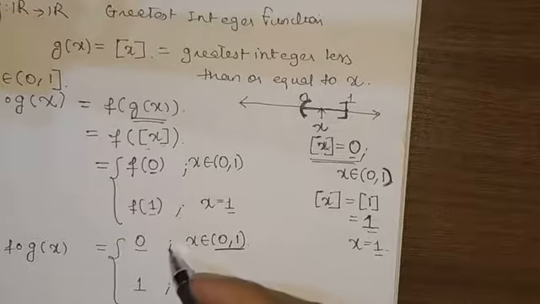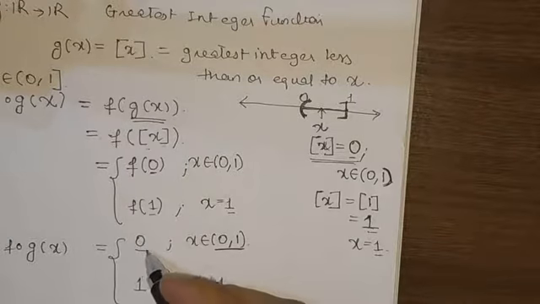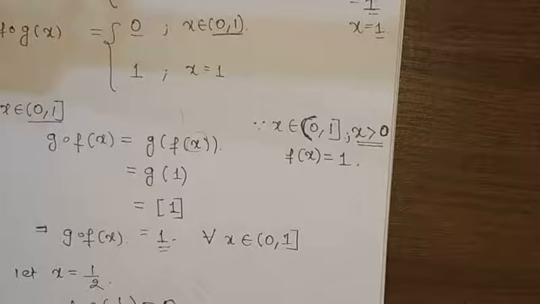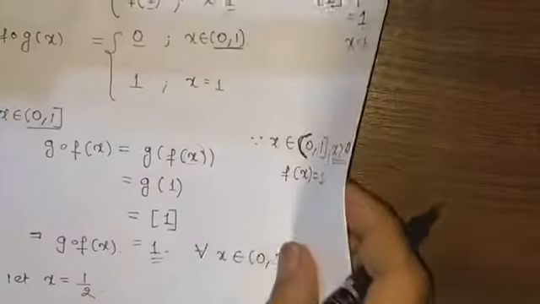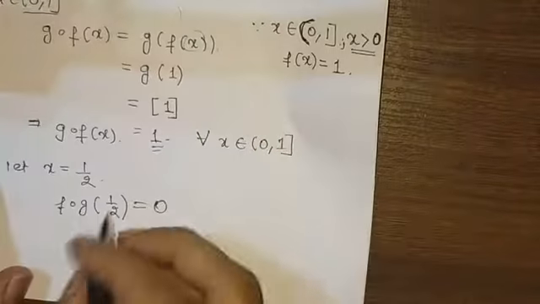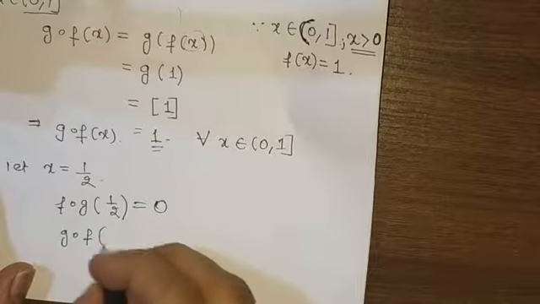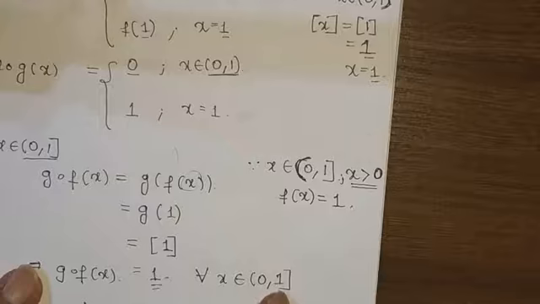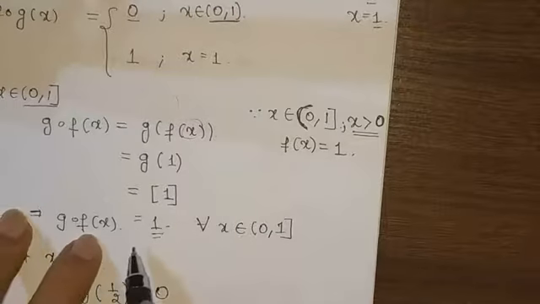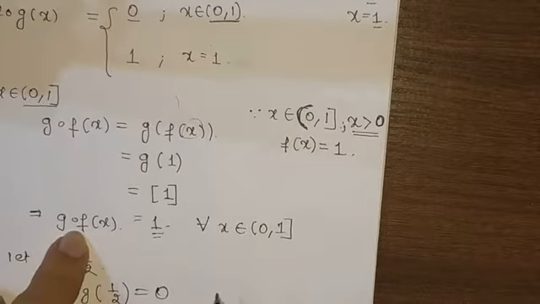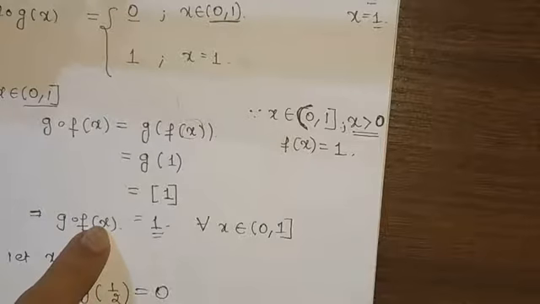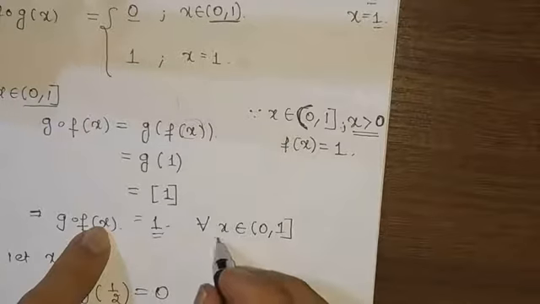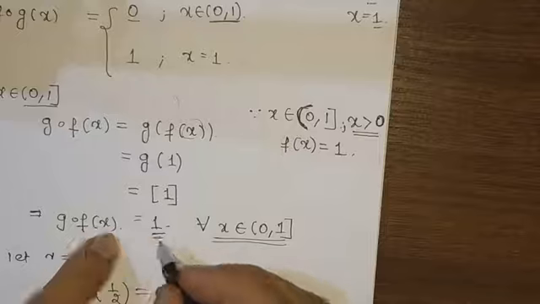So the definition of the function f composition g is 0, right? So you'll get 0. So f composition g of half is 0, and g composition f of half will be what? So again you have to look at this. So x is half, so g composition f of half will be 1, right? For all x, the definition of the function is 1.